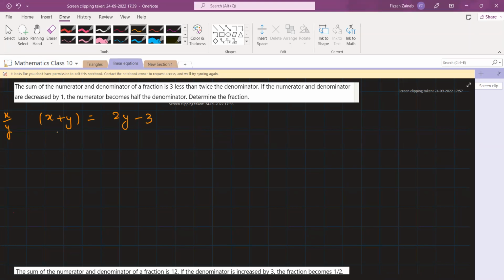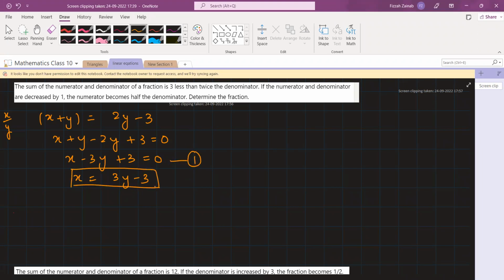If you can just simplify it here itself: x plus y minus 2y plus 3 is equal to 0. So x minus y plus 3 is equal to 0. And I can say x is equal to 3y minus 3, right? Yes, ma'am. Okay. Anyway, this was the equation, or I can just find the value of x from here like this.